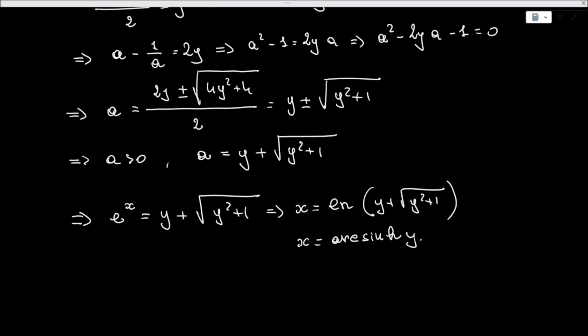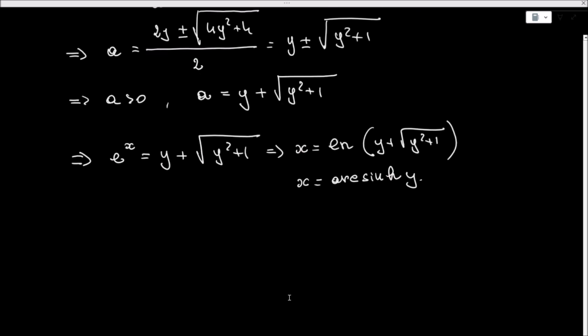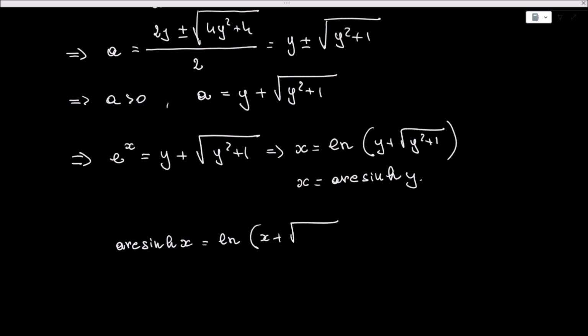Now let me just revert the x and y. The reason is that we would like to consider now just a function of x, and so we can conclude our derivation by saying that the arc of the hyperbolic sine of x is given by the natural logarithm of x plus the square root of x squared plus 1, and this is true for every x in the real numbers.